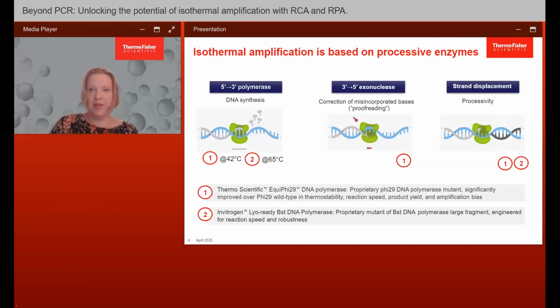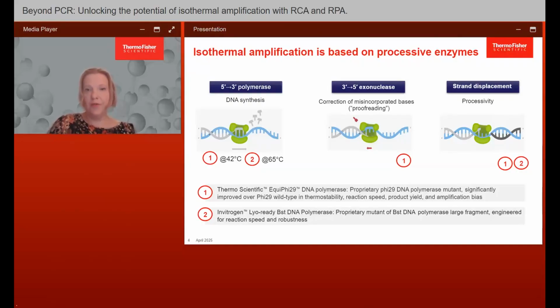It can synthesize much longer fragments, and it has another important feature. It has 3' to 5' exonuclease activity. This means that it can correct errors introduced in the sequence, and the product has the same sequence as the original sample.